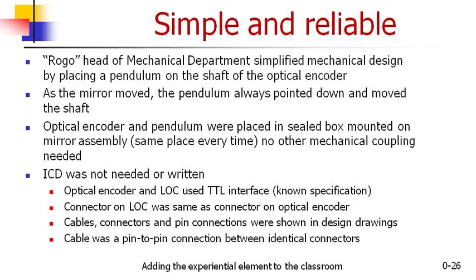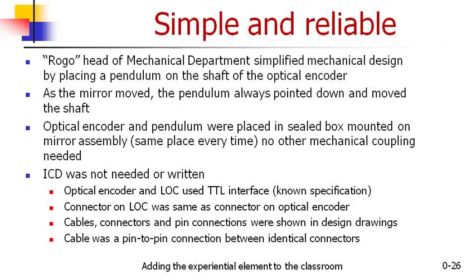All he had to do was take the pendulum and the optical encoder, put them in a sealed box, and mount them on a mirror assembly, preferably in the shade. And there was no specific mechanical coupling needed. Very low tolerance on where it needed to be, low specification.